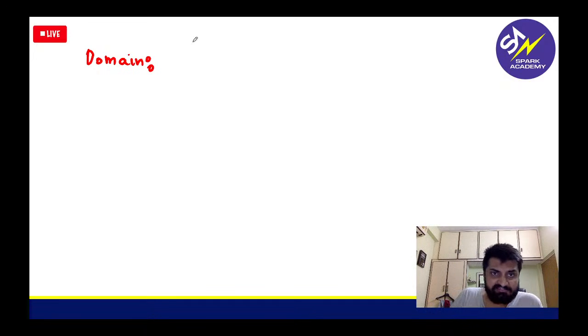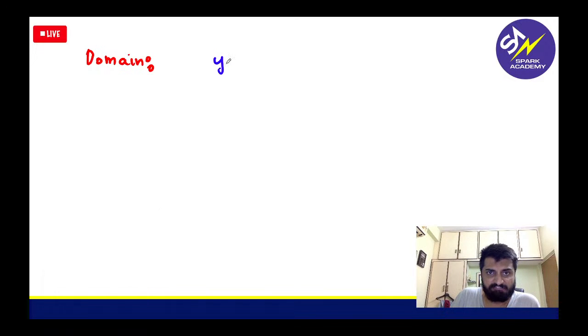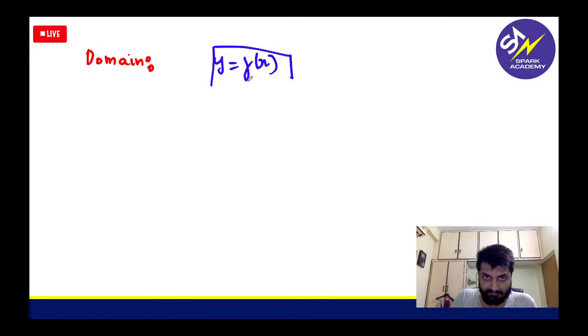So domain is, suppose generally, how do you write a function? Generally, you write a function y equals to something like f of x, right? So that means two variables are involved. Y is depending on the x. So always domain is nothing but whatever values x can take.